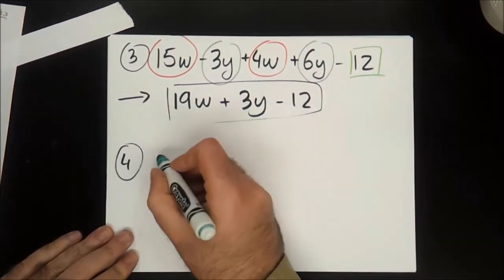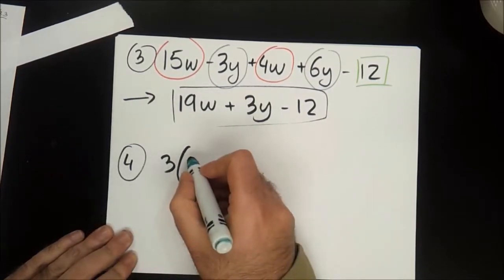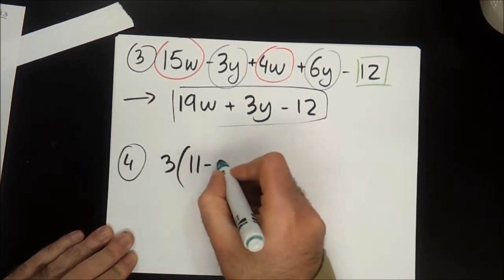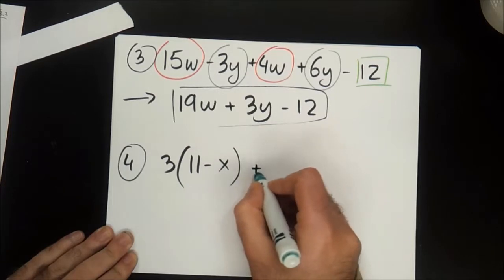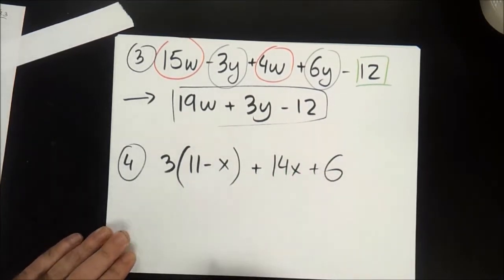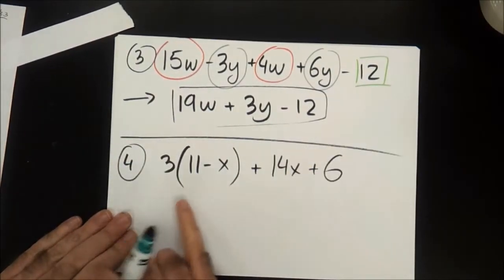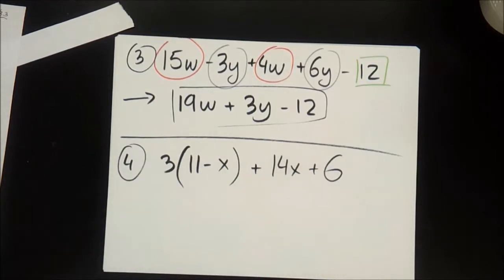Again, simplify. 3 times 11 minus x, plus 14x plus 6. All right. The first thing I want to do here is to break up this parenthesis. Why?